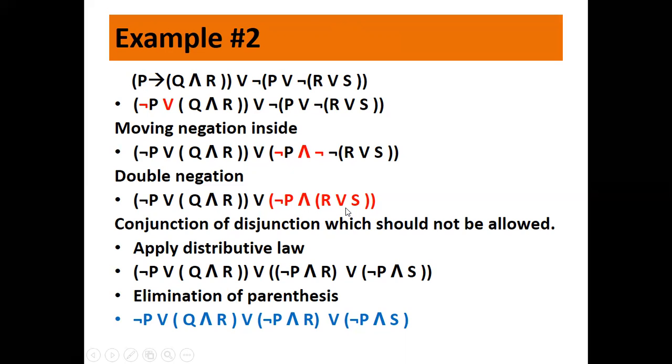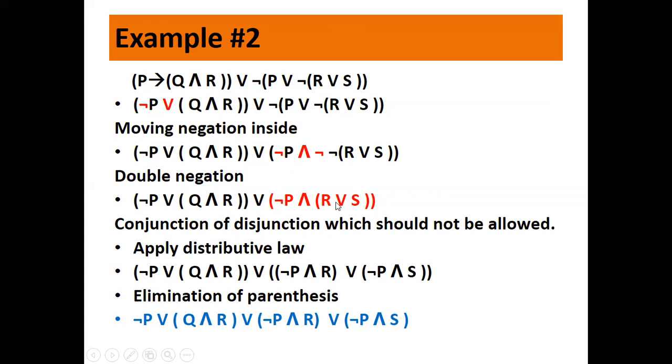So what we do is we apply the distributive law. When you apply the distributive law, this is what you get. If you look at this carefully, negation of P and R is one clause. Then negation of P and S is the second clause.